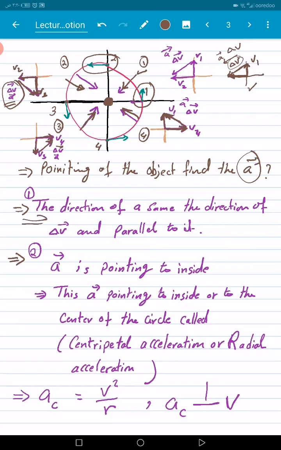This notes that means the direction of the average speed and the acceleration in the same direction but in parallel.